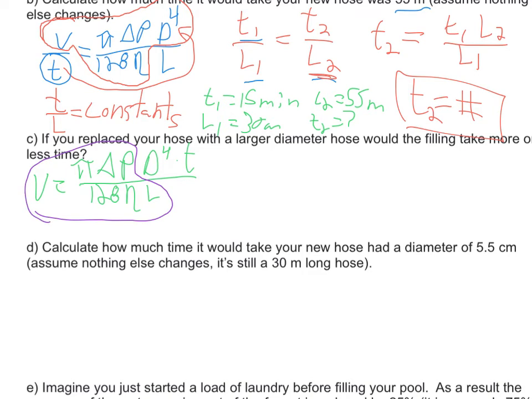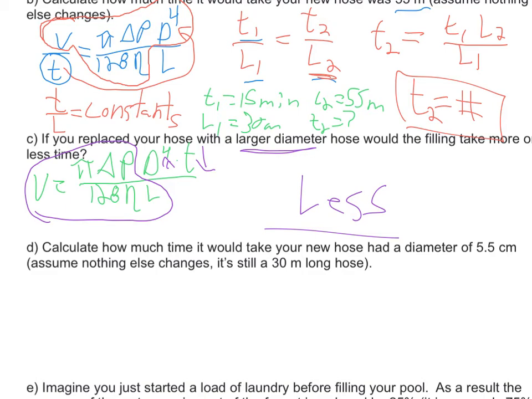If the diameter increases, if the diameter becomes larger, what's going to have to happen to the time? Well, if everything else is constant, if one value goes up, the other is going to have to go down. All right, so it should be less time, and you can use that equation to prove that.